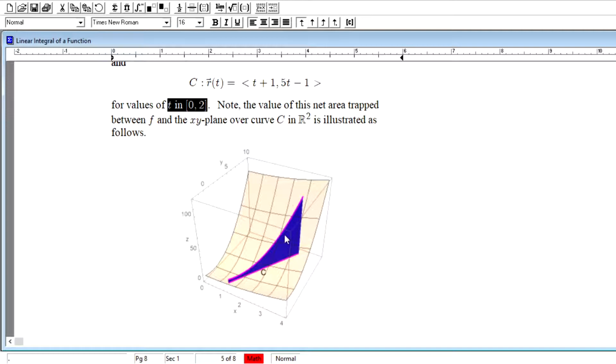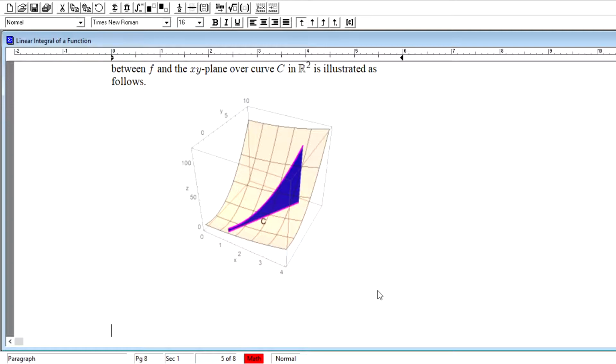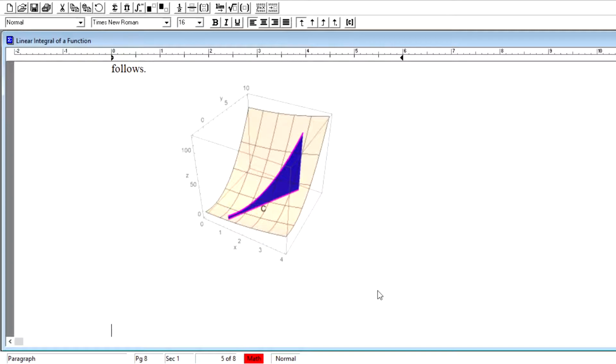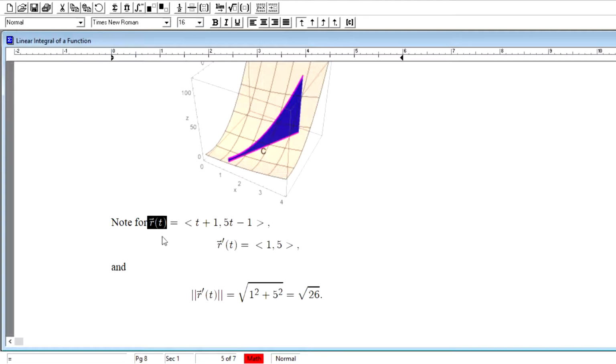This is going to be an area of space that forms here. And specifically, what we're calculating is called the net area of the space. Now, if I want to calculate the net area of that space, we do take note to begin with for our vector description of the curve C.